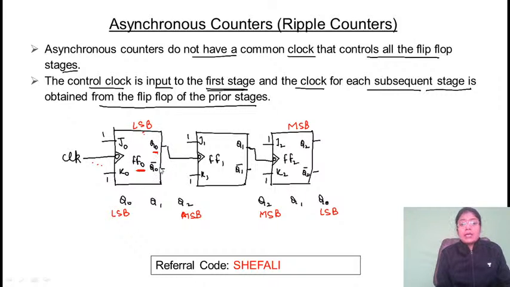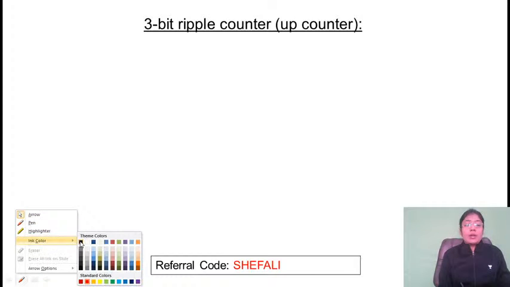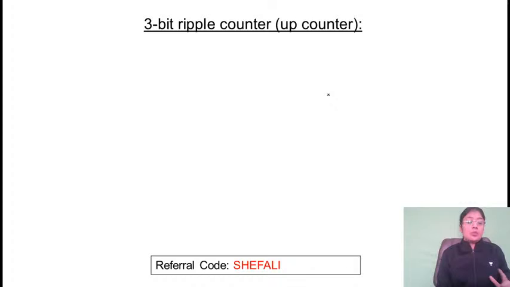It can be connected with the complemented output or uncomplemented output. So on the basis of that, we will be having 4 combinations. First of all, let's talk about the ripple counter. And why the given counter is known as the up counter, we will discuss that after generating the outputs.